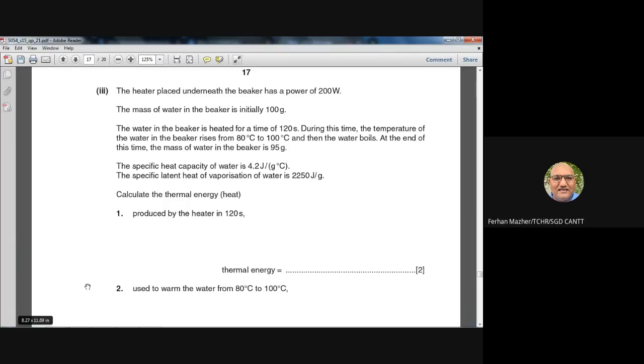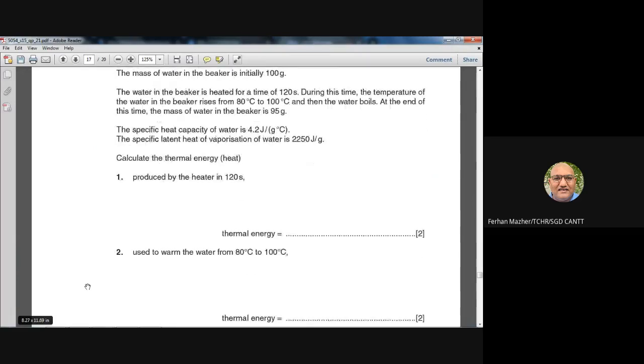The heat used to warm the water from 80 degrees centigrade to 100 degrees centigrade. Whenever you want to calculate the amount of heat for raising the temperature, we use the formula heat equals mc delta theta. M is the mass, C is the specific heat capacity of the water, delta theta means the change in the temperature.